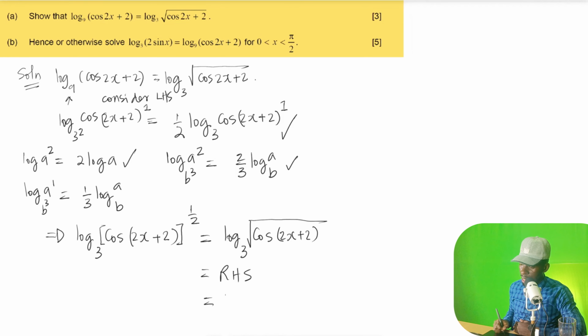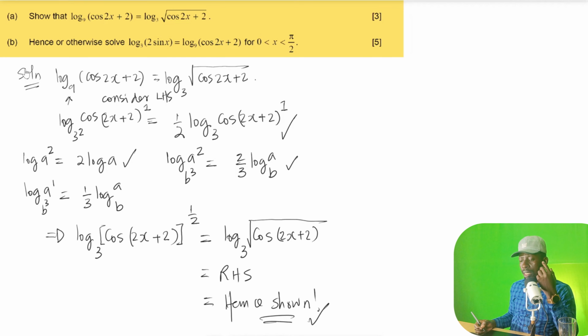And then we say hence shown, because we have been asked to show that. So that is how it's supposed to be. Part A of the question is done.